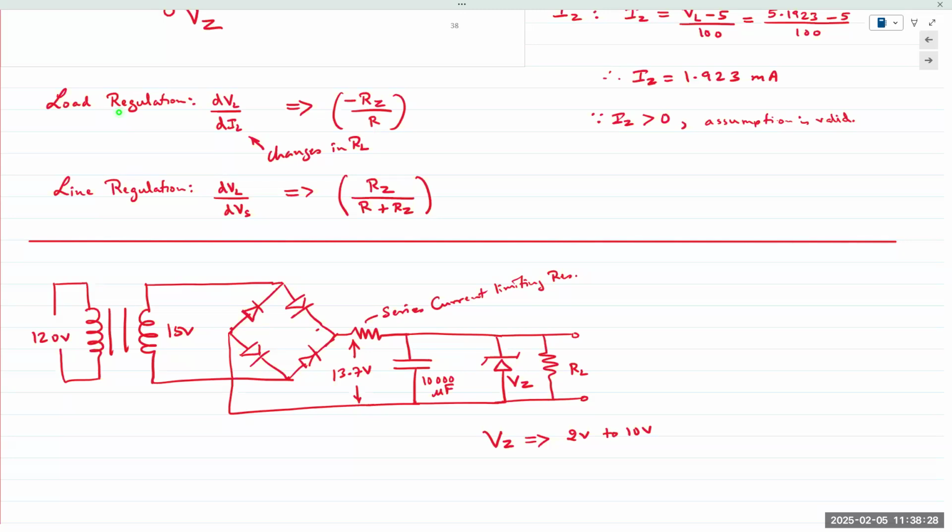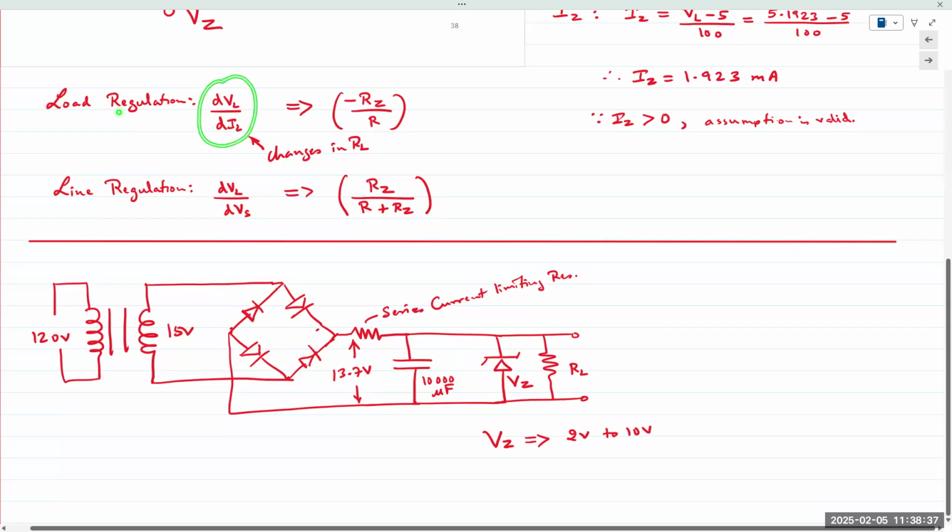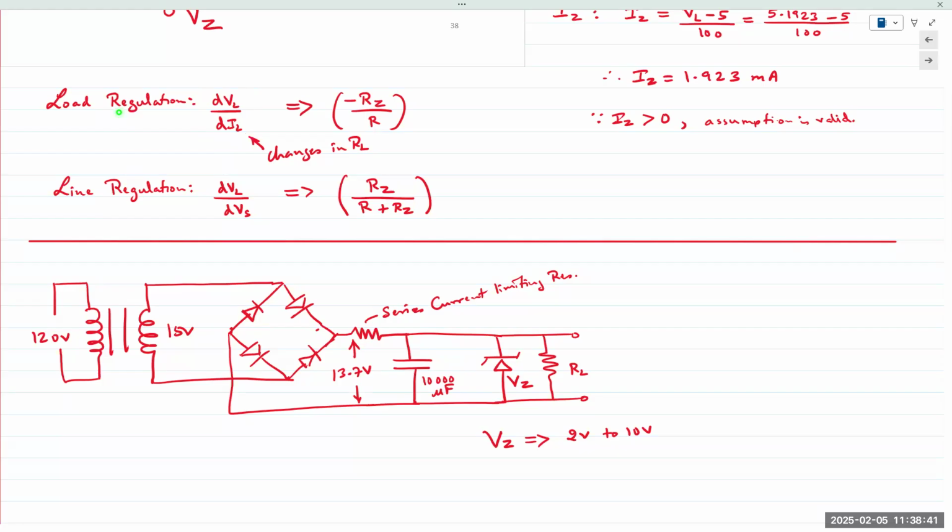If RL changes, that changes the load current IL. Hence, the change is monitored as dVL or dIL. Load regulation is a measure of how well the Zener diode is functioning for different load values.